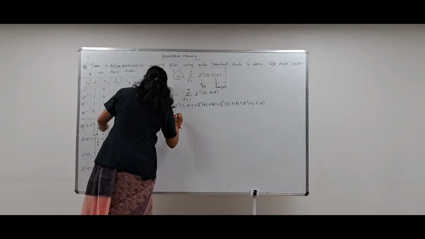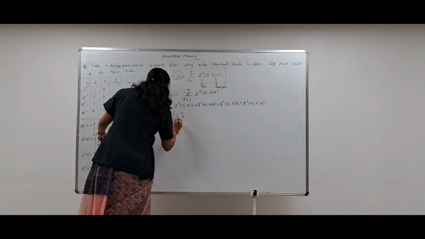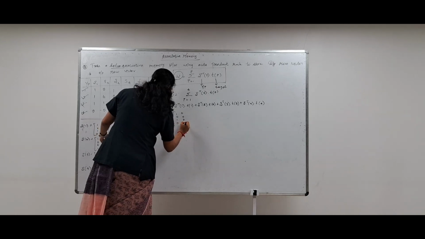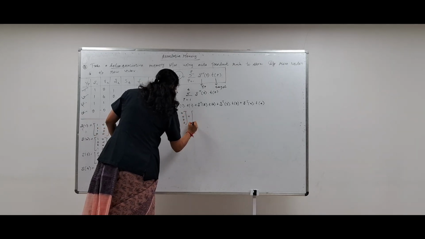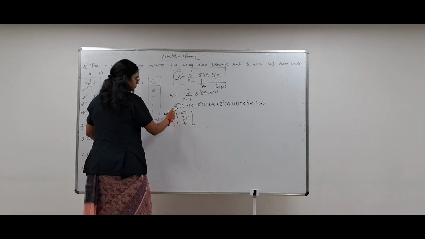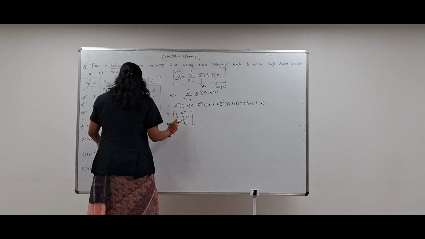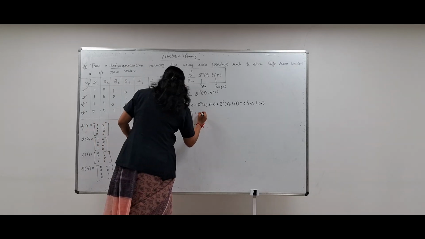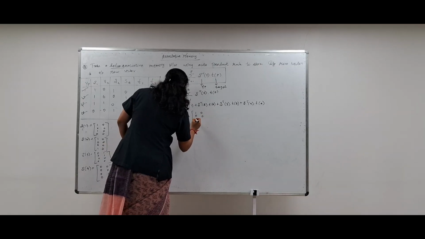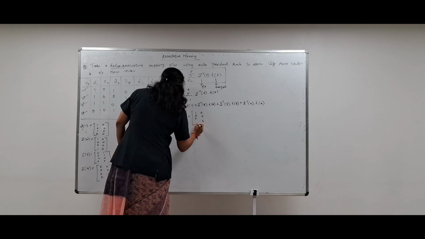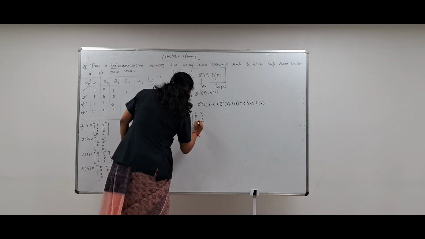So 1, 0, 0, 0, 1, 0, 0, 0, plus, this value belongs to vector 1. For vector 2, 1, 0, 0, 0, 0, 0, 1, 0.